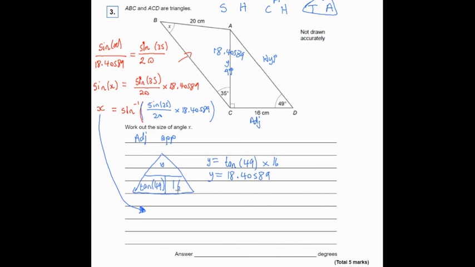We get 31.860926 dot dot dot. Well, let's just say it's equal to, oh gosh, that's supposed to be a dot dot dot, not a line. And then let's just say that's equal to 31.86 to 2 decimal places. So 31.86 degrees. Right, that concludes this video. I will see you in the next one.